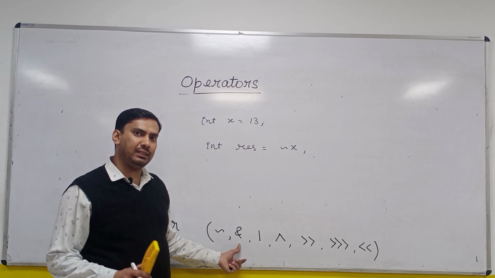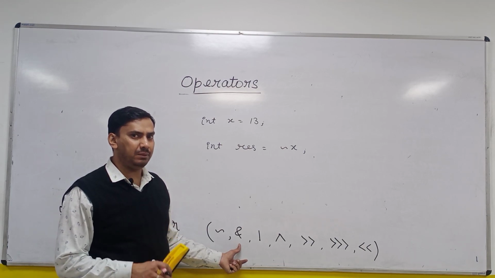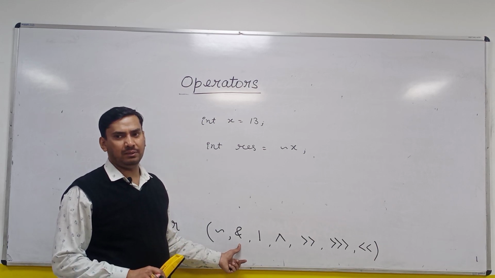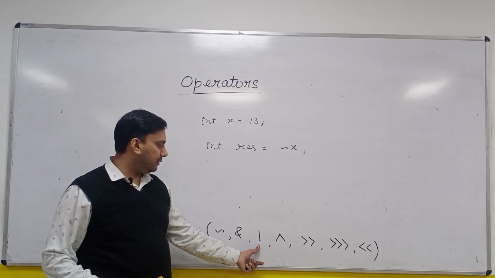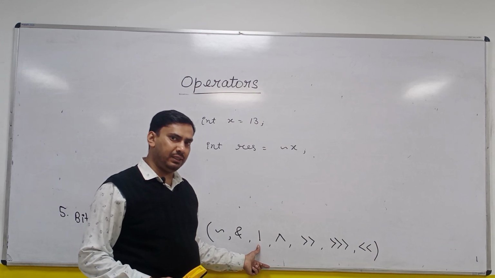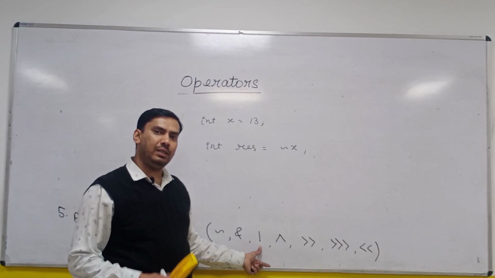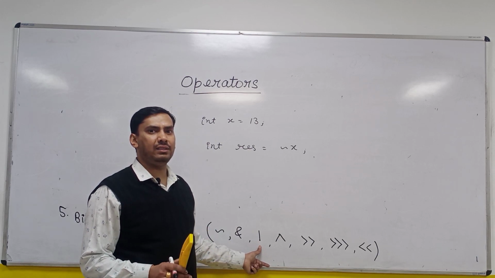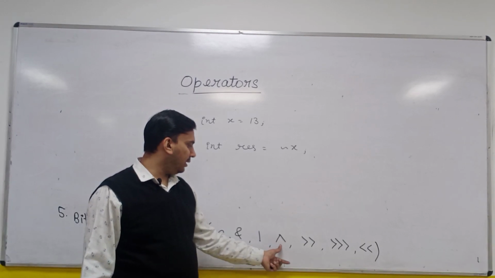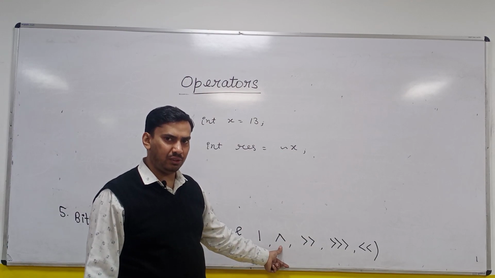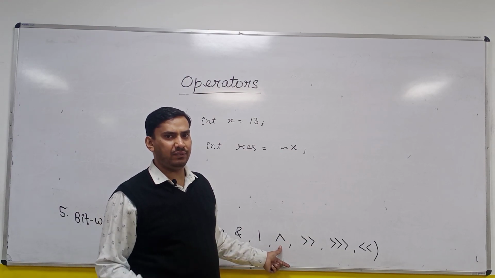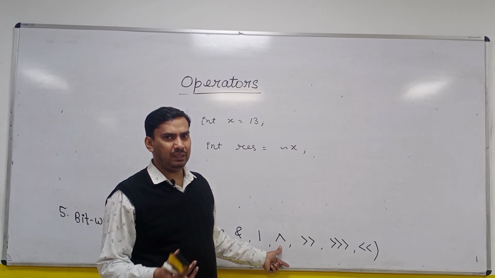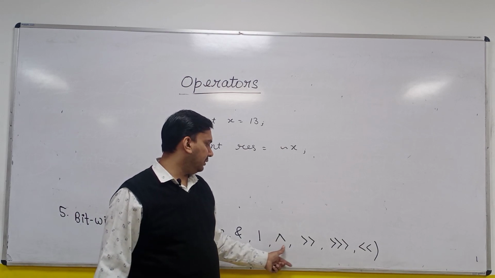When both the bits are 1, the result will be 1, otherwise the result will be 0. The third one is the bitwise OR operator. It says if both the bits are 0, then only the result will be 0, otherwise the result will be 1. XOR operator, bitwise XOR, says if both the bits are different, then the result will be 1, otherwise the result will be 0.